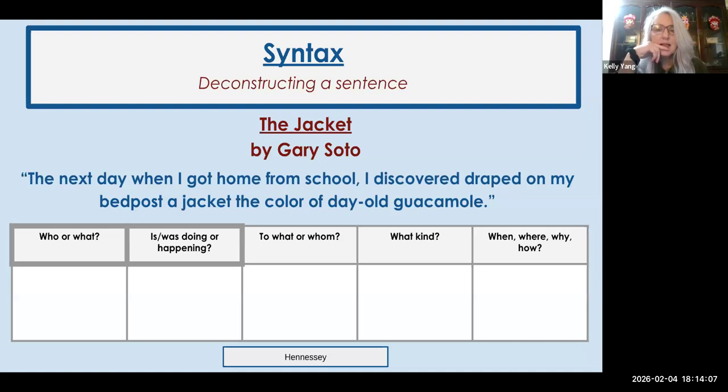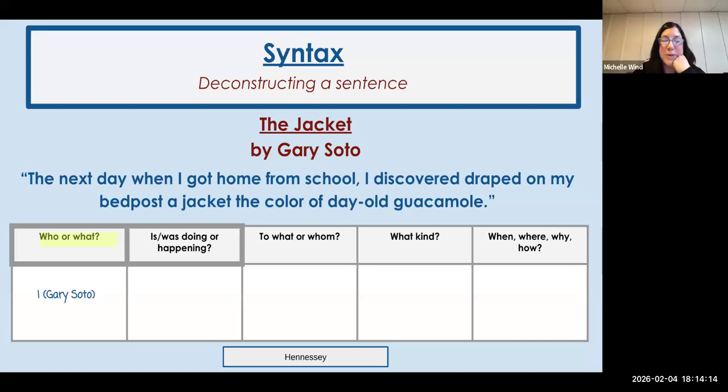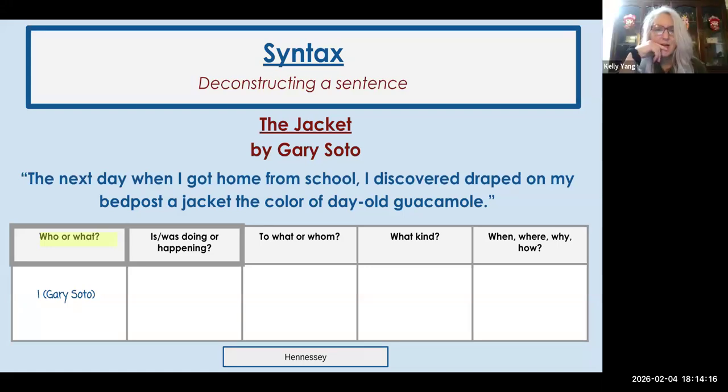Right. So we might say, who is this sentence about? It says I, but it's Gary. Knowing who the I is in a story is really important. And then what was Gary doing? You might have kids at first saying, he got home.